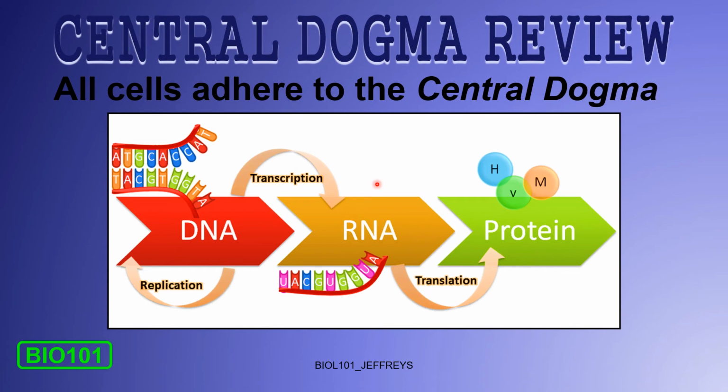Okay, so we ended Module 1 with looking at the central dogma, and here it is again in review. And you know now that DNA, that genetic information travels in only one direction, from DNA to RNA to protein, and that process of going from double-stranded DNA to single-stranded RNA is called transcription, and we'll look at these in the next chapter in very much detail.